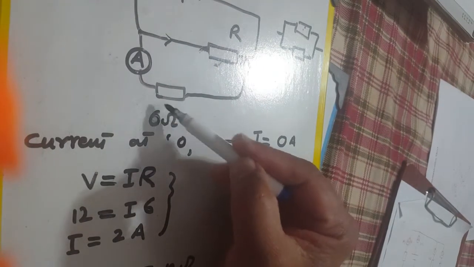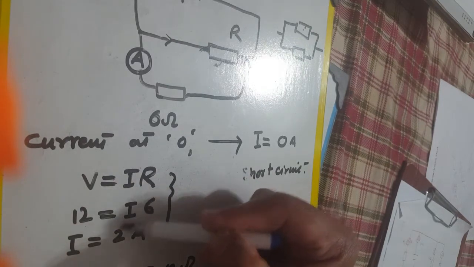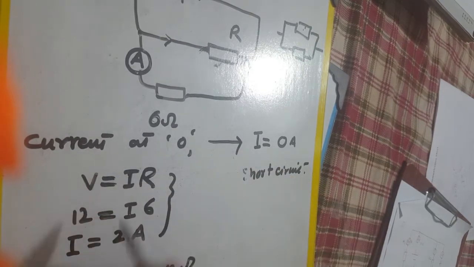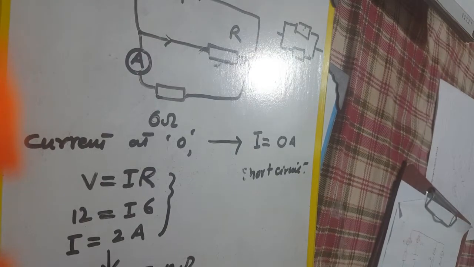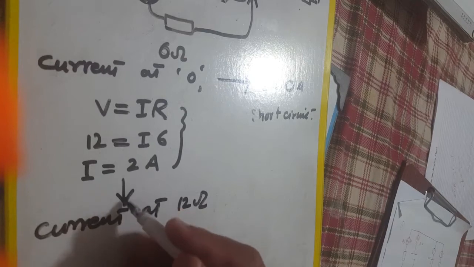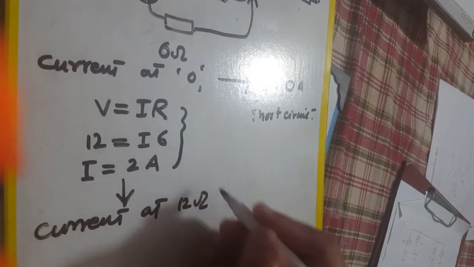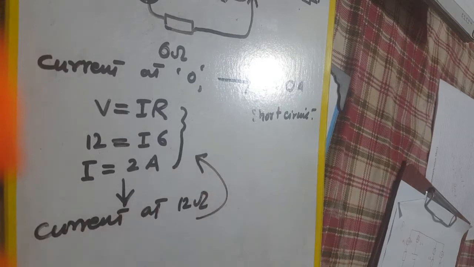So 12 is the voltage, 6 is the resistance, current will be 2 ampere. तो ये जो आंसर है आपका ये इधर फिट इन हो जाएगा. ये ज़रा देखें, ये मैंने पहले सॉल्व कर लिया था, ये इधर फिट इन हो जाएगा और करंट एट 12 ओहम आपका ये सारा प्रोसीजर चला जाएगा. So max current in the ammeter, I max is 2 ampere.